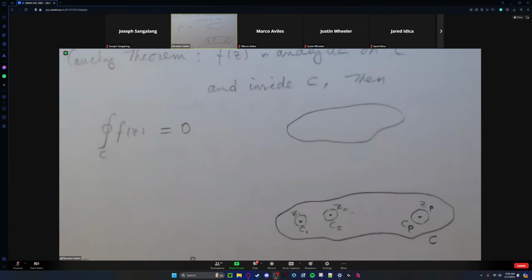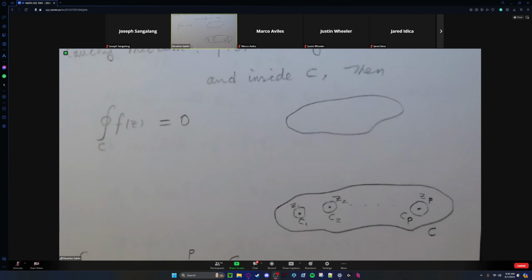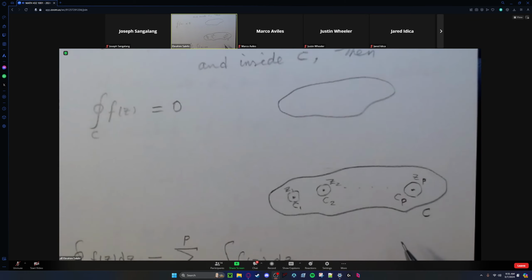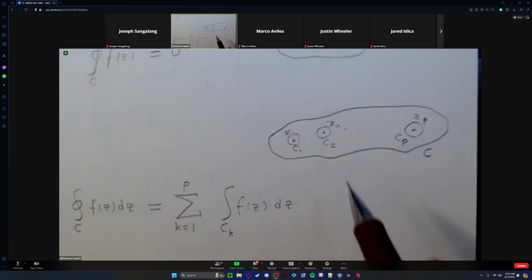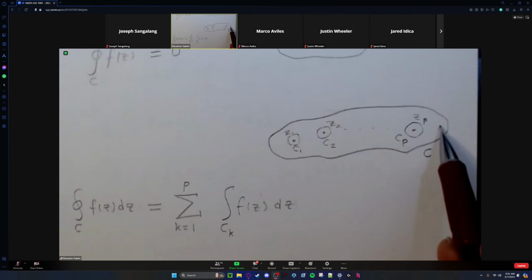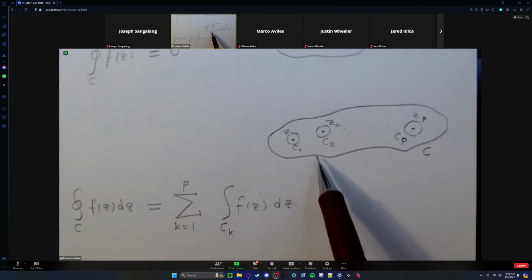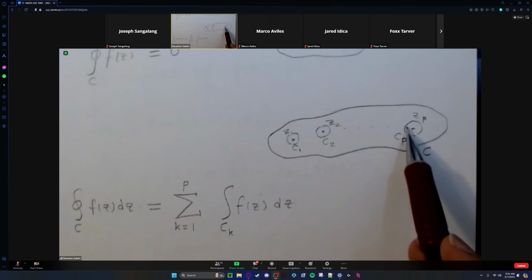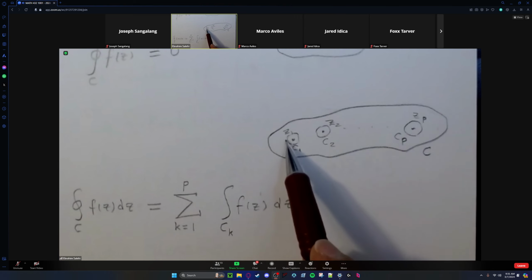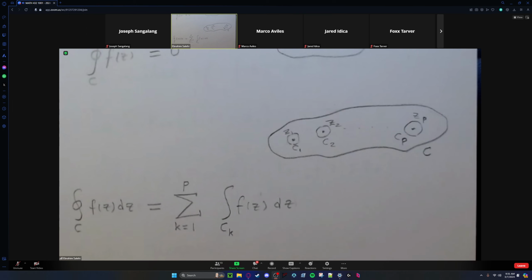But if you have some bad points, let's say we have p bad points, we can isolate these. When I was talking about Cauchy's theorem and one of its consequences, the integral over this outer boundary, called C, is the same as the integral over these small circles.